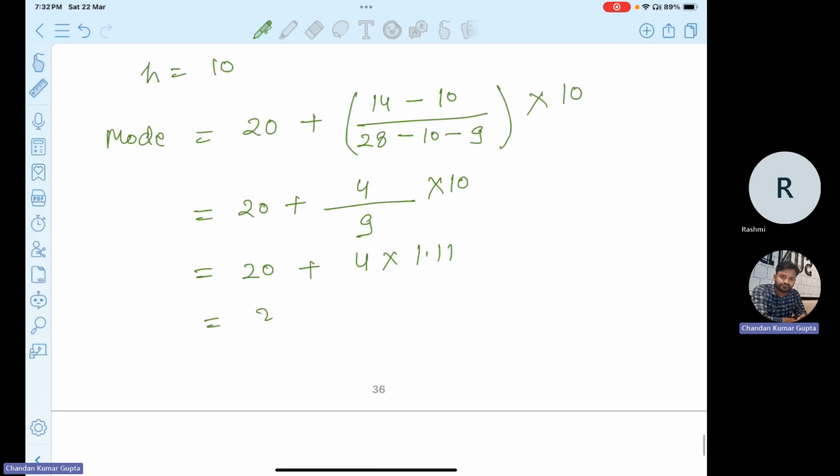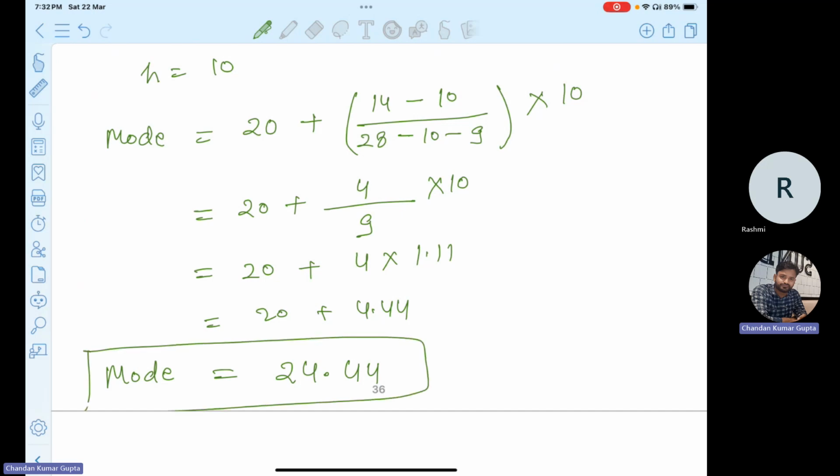So it is like 20 plus 4.44. So the mode value is nothing but 24.44. Okay. So we have calculated the mean value, the median value, and also the mode value for the grouped frequency distribution.